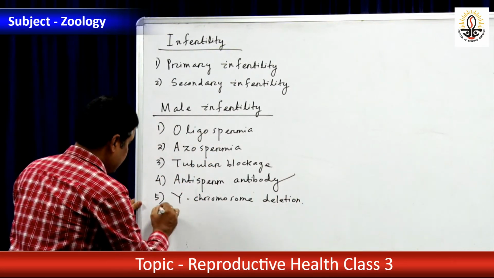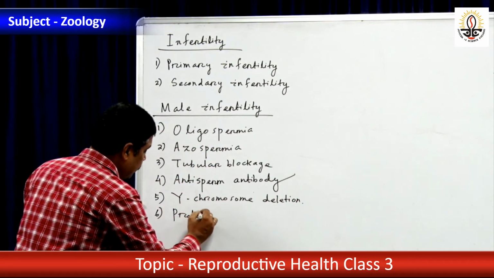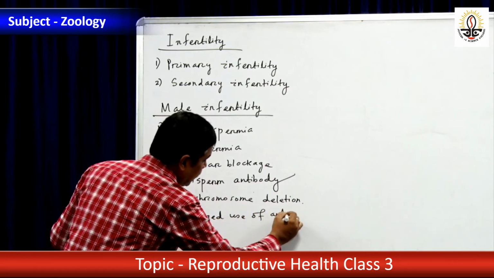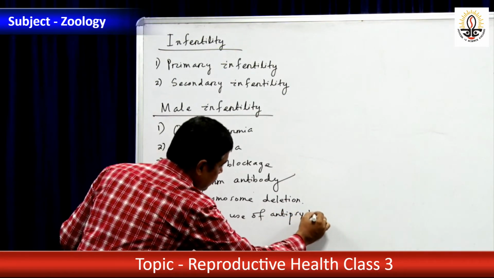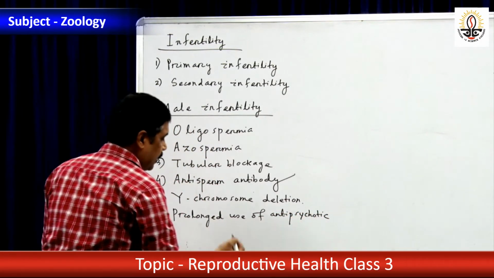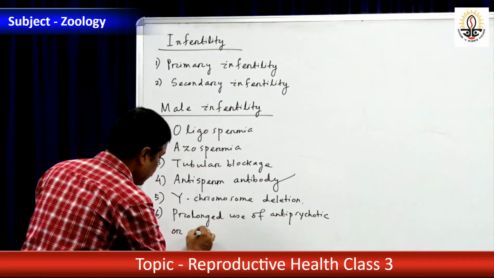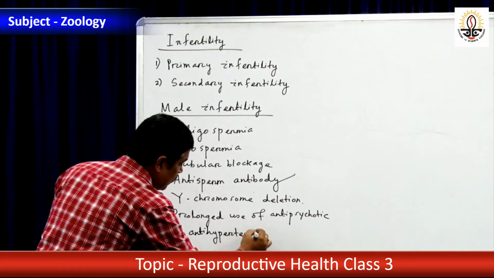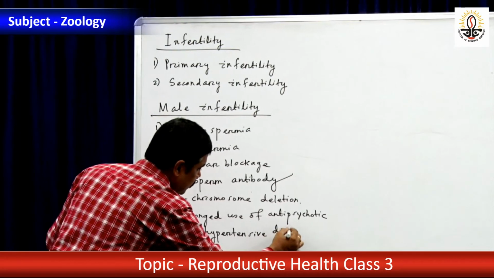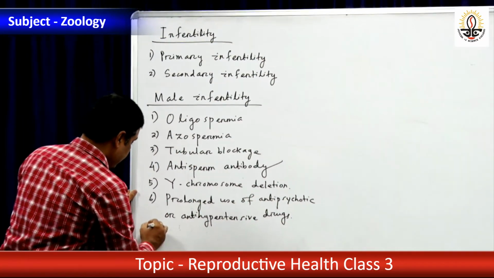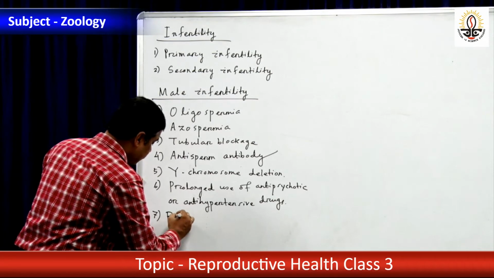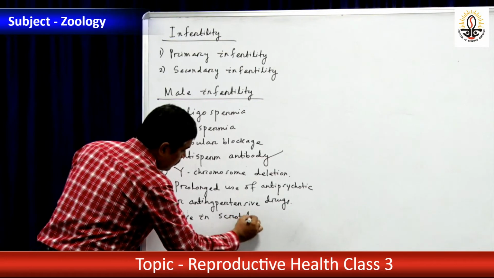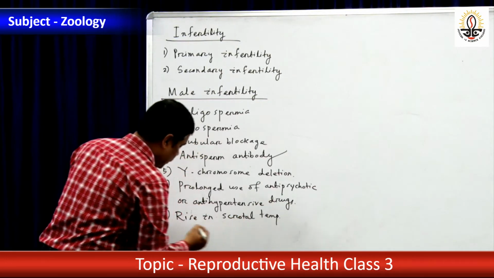Okay. Sixth one, prolonged use of antipsychotic or antihypertensive drugs. Rise in testicular temperature.